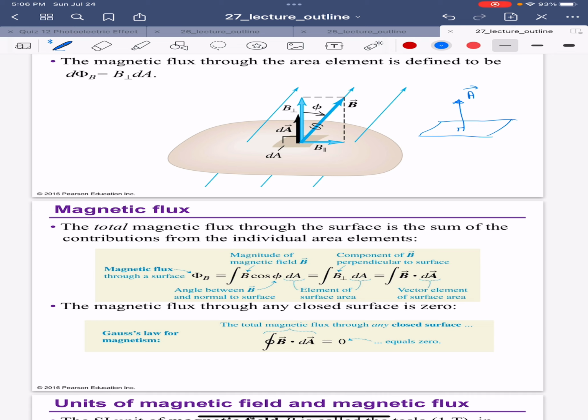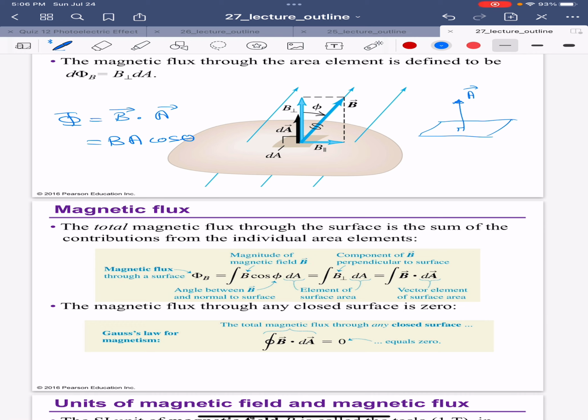And remember that the expression for flux is B dot A, and therefore it is B A cosine theta, where theta is the angle between the two vectors.